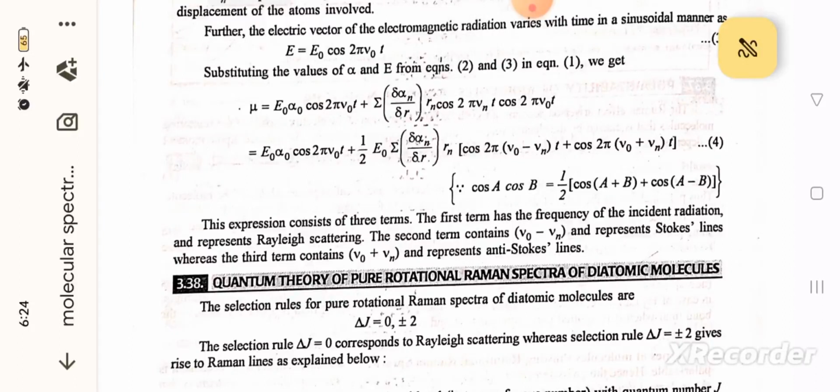The selection rule for pure rotational Raman spectra of diatomic molecules is del J is equal to 0, plus or minus 2. The selection rule del J is equal to 0 corresponds to Rayleigh scattering, whereas the selection rule del J plus or minus 2 gives rise to Raman lines as explained below.